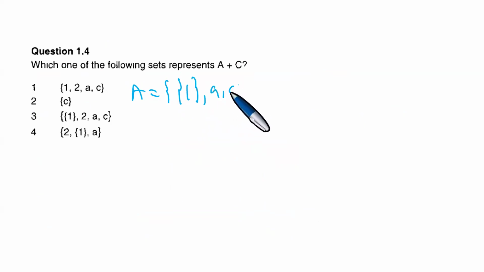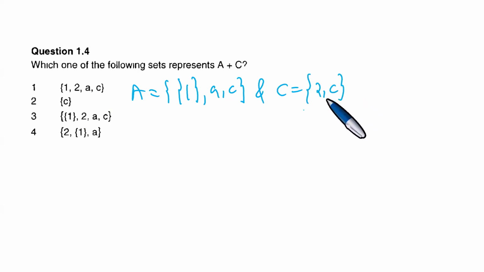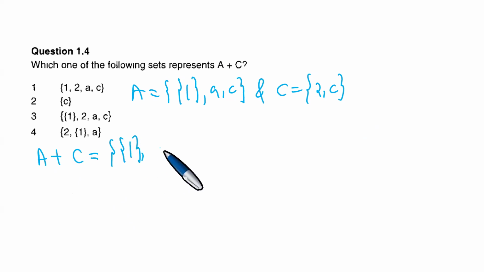It contains A and C. We remember from the given information, C contains 2 and C. A plus C, right, A plus C plus 2, C.